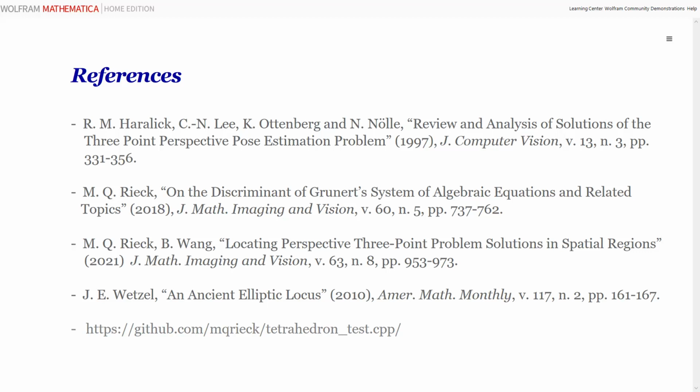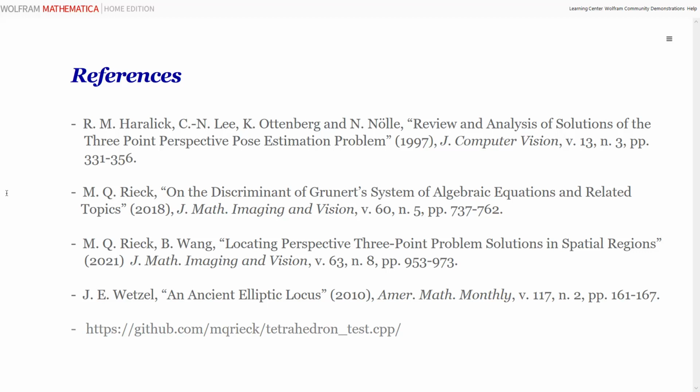But anyway, this is our paper, and it too talks quite a bit about the discriminant of the Grunert system, my capital D. And finally, the paper of Wetzel that I said explains John Sullivan's method is called An Ancient Elliptic Locus. It's in the American Mathematical Monthly from 2010.